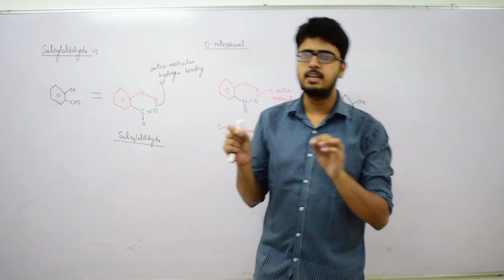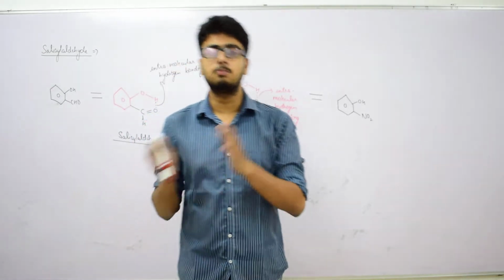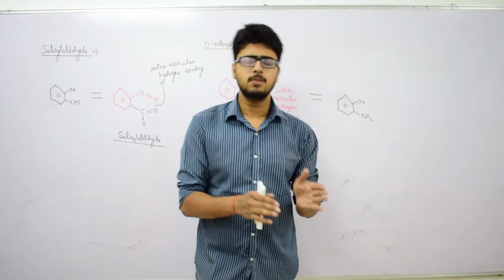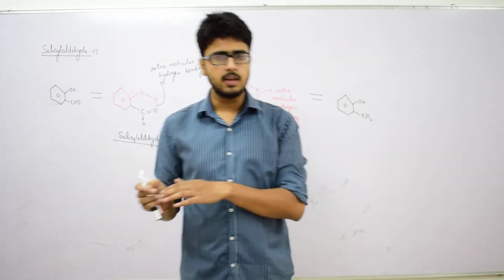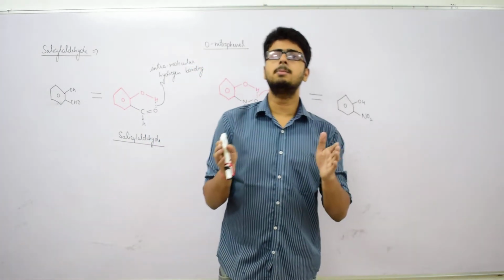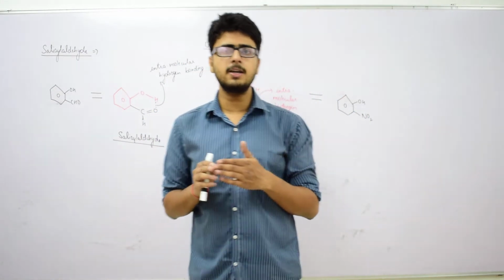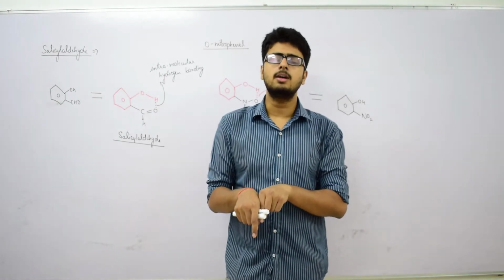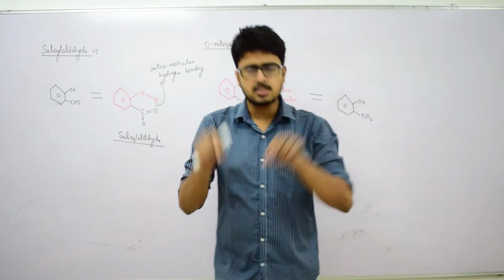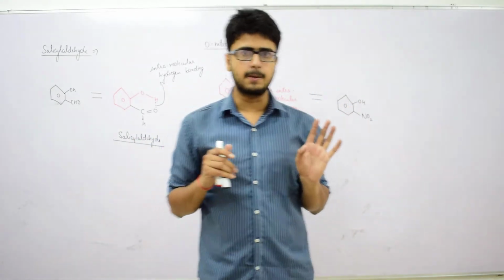So here we are completing the fourth type of bonding, that is hydrogen bonding. Hydrogen bonding is of two types, intermolecular and intramolecular. If the hydrogen bonding is found between two different molecules, it is called intermolecular hydrogen bonding. But if the hydrogen bonding is present within the same molecule between two atoms, it is called intramolecular hydrogen bonding.